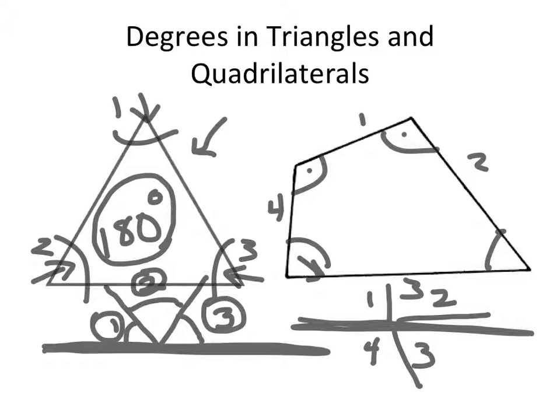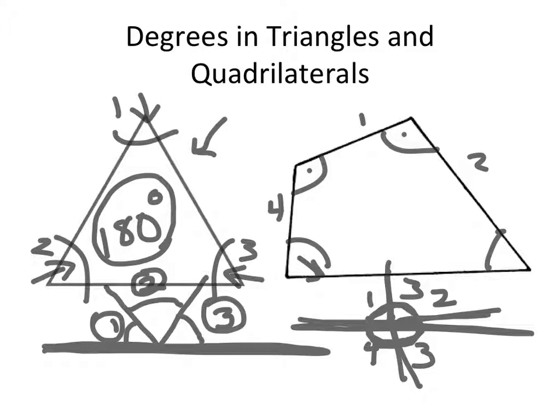Now I haven't matched this up exactly, but if we put those angles side by side and we have them touching each other, the first one, the second one, the third one, the fourth one, what students are going to discover is that those angles go all the way around the line. They create the straight line that we had with the triangle, and they keep going, and they make a full circle.